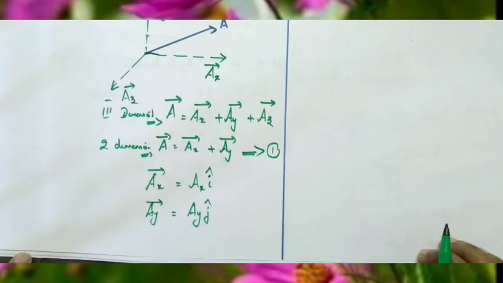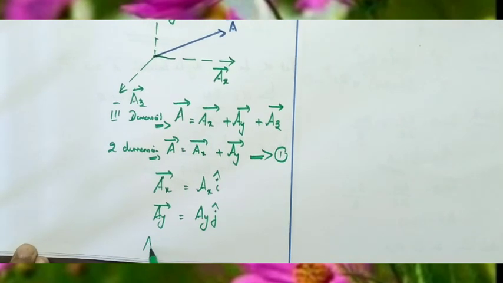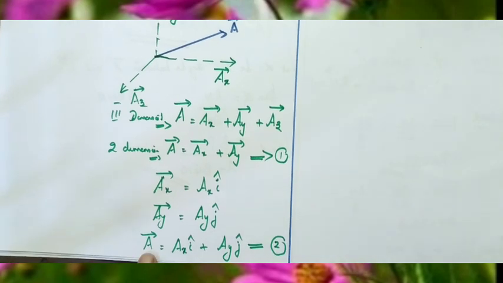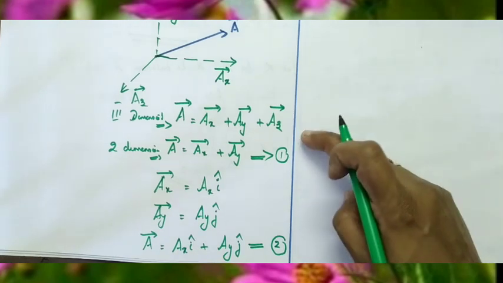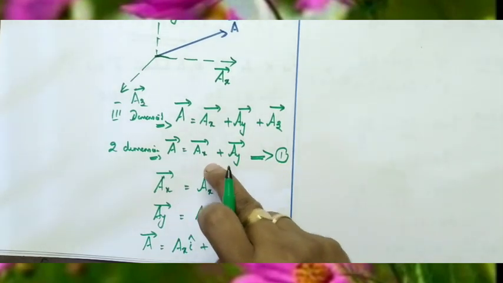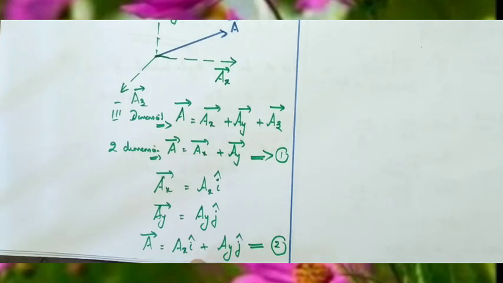So another resolved form of vector A is vector A equal to Ax i cap plus Ay j cap. i cap and j cap are unit vectors. So these are the two resolved forms of a vector: vector A equal to vector Ax plus vector Ay, and the other form Ax i cap plus Ay j cap.